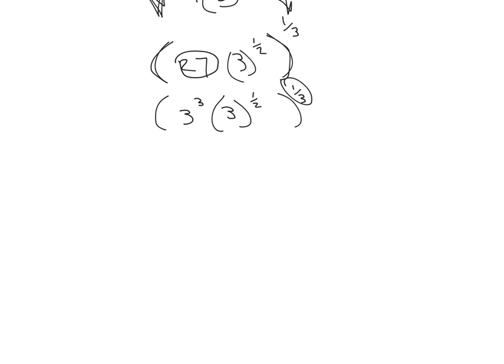And our power rule says that this 1/3 is on this and this. So we multiply these two. So we get 3 to the 3/3. 3 times 1/3 is 3/3. And this 3 is 1/2 times 1/3. So we get 3 to the 1st power times 3 to the 1/6 power.